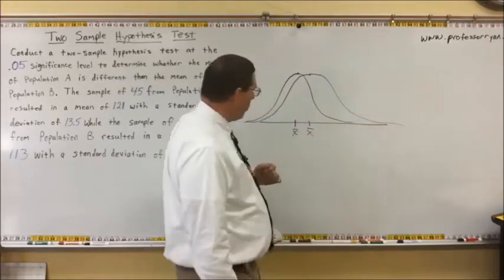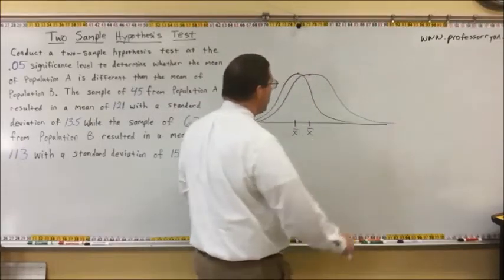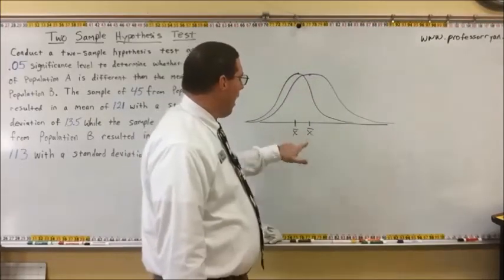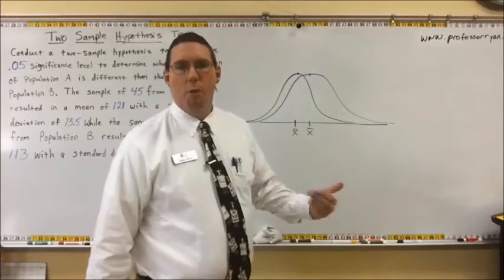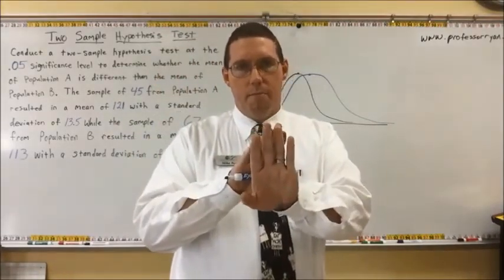The question we're going to ask is, what is the likelihood that these two samples have the same mean? What is the likelihood that both of these samples have the same mean?